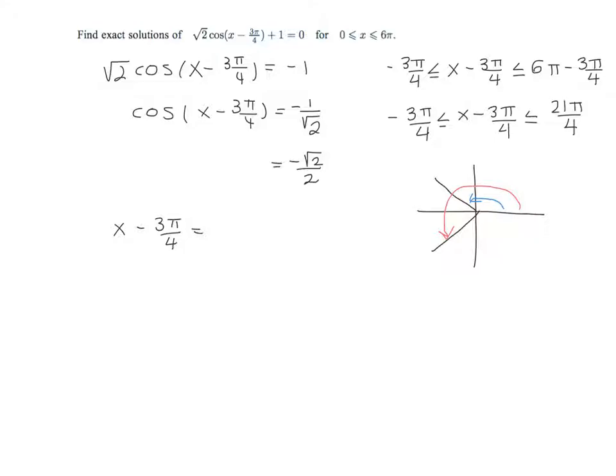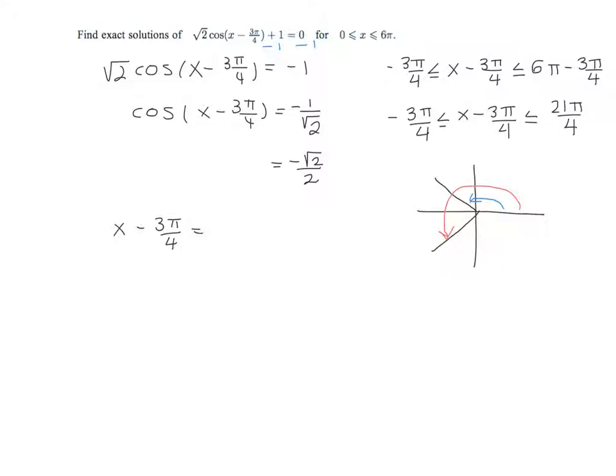Now, it's a bit of a harder question. Let's find exact solutions of square root of 2 cosine of x minus 3 pi over 4, plus 1 is equal to 0. What we need to do is solve for cosine of an angle equals something. So by subtracting 1 on both sides, we get square root of 2 cosine of x minus 3 pi over 4 equals negative 1.